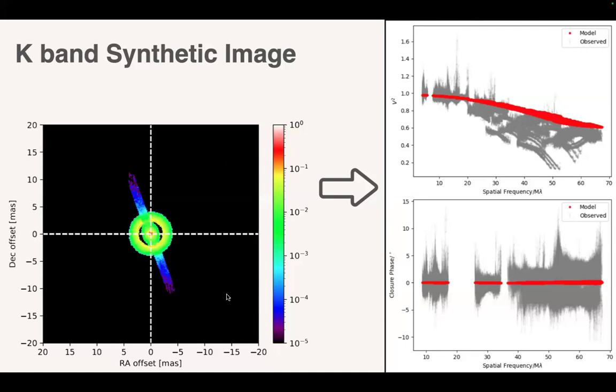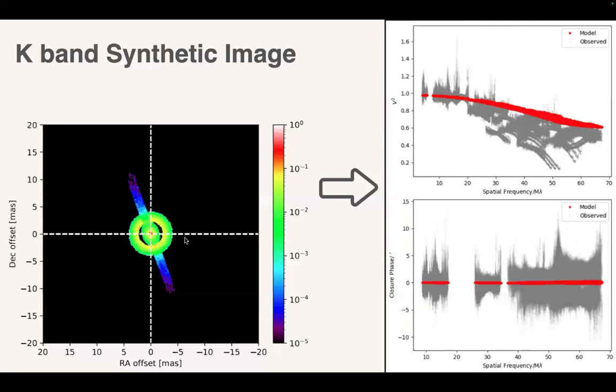The simulated image looks like this, and from that we can extract squared visibilities and closure phases. There are lots of steps involved; the details are in the paper. Then we try to see how they compare with the observations.